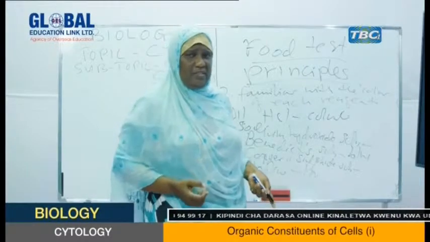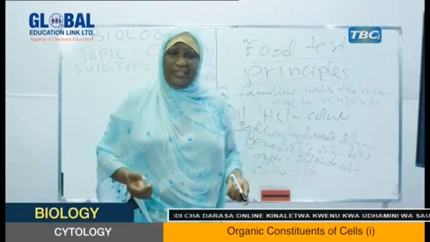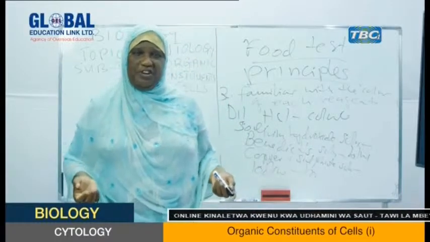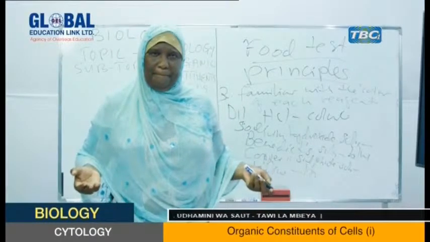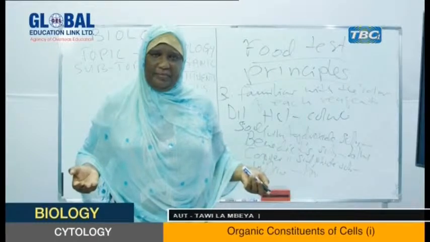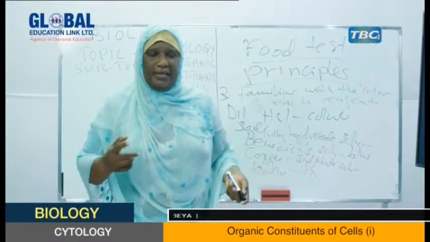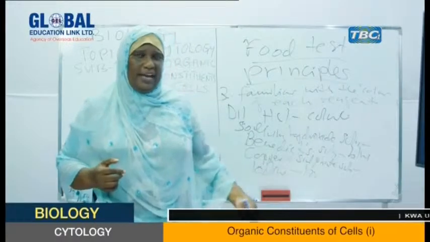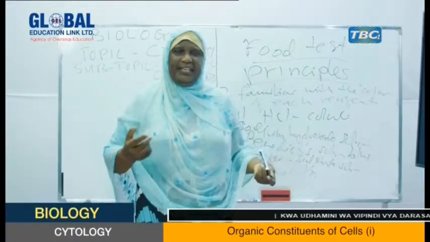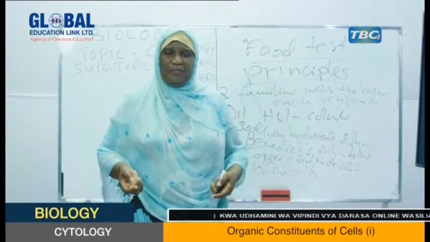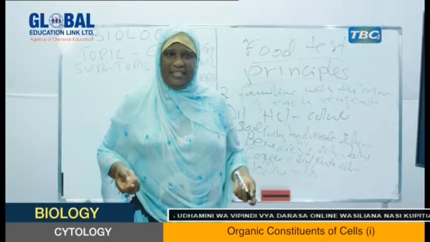The question comes, why is it important to know the color of each reagent? Why? Think about it. It is important because in writing your report, sometimes you may get a negative result for certain food substances.